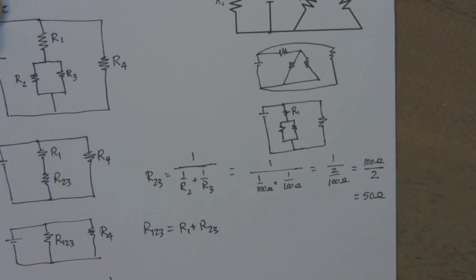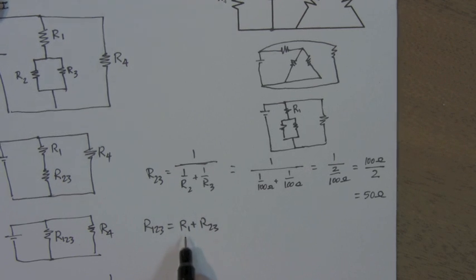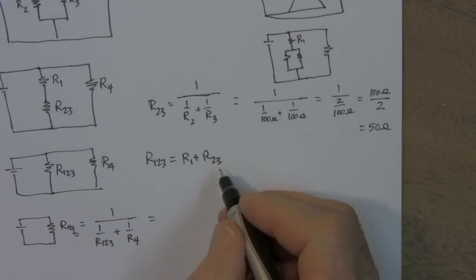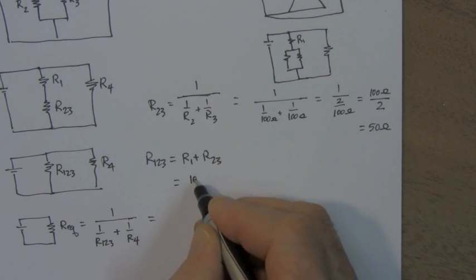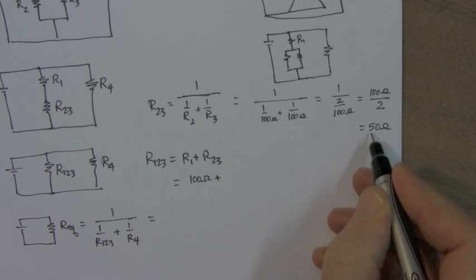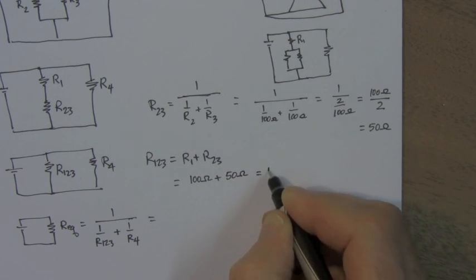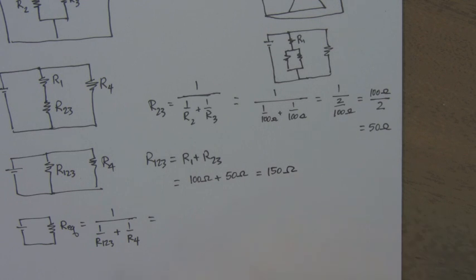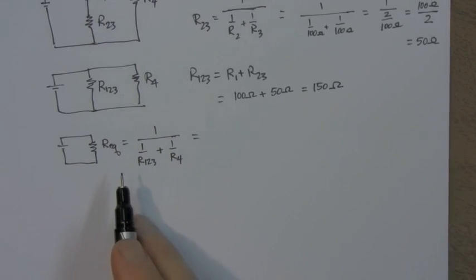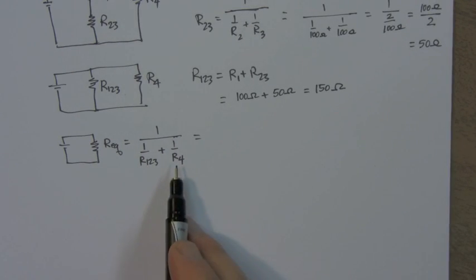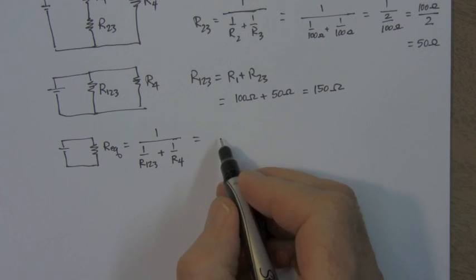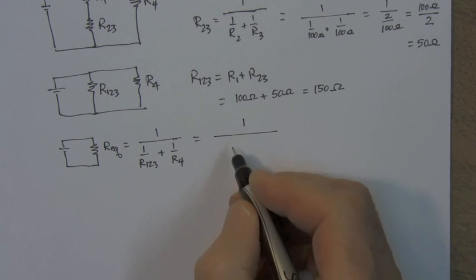So R23 is that. R1 plus R23 then is equal to 100 ohms plus 50 ohms. That's 150 ohms.